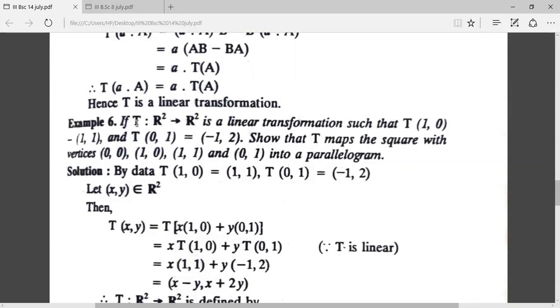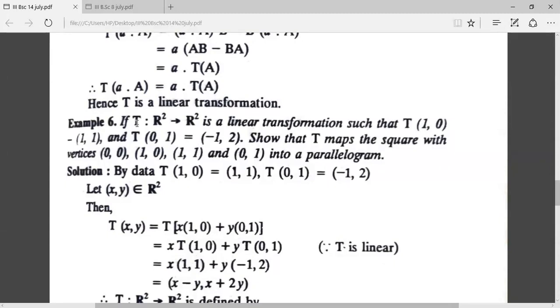What we have to prove is, you have to find the image of all those vertices, and you have to join all those vertices after finding the image, and you have to show that under that linear transformation, the image will be a parallelogram, so that the square maps onto a parallelogram.